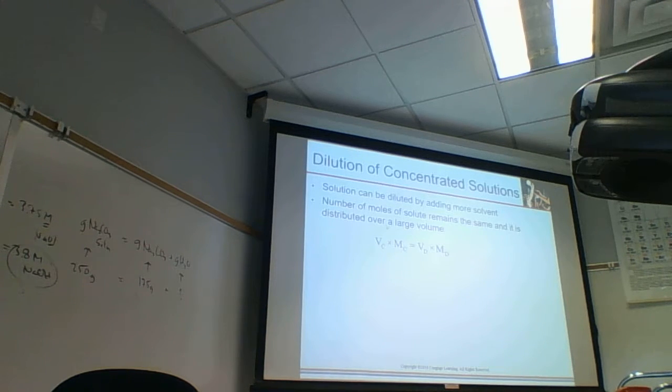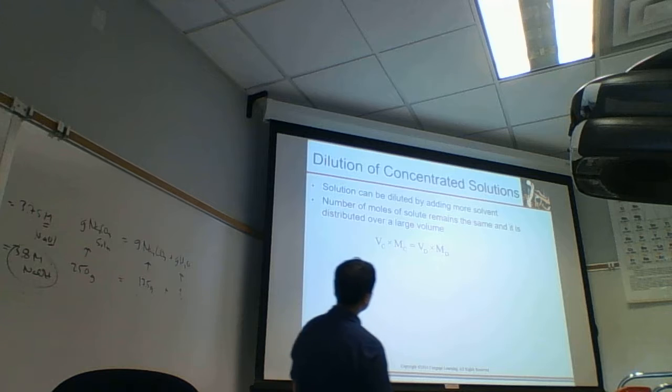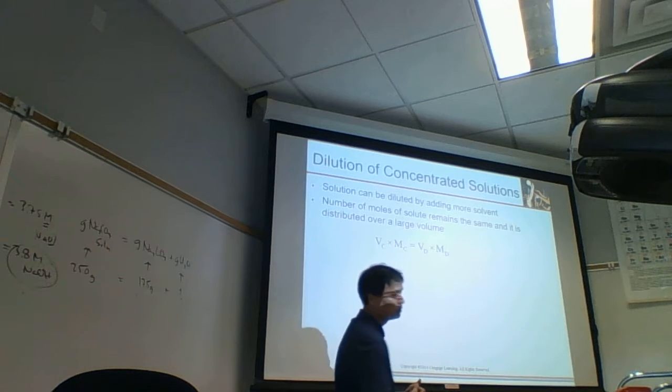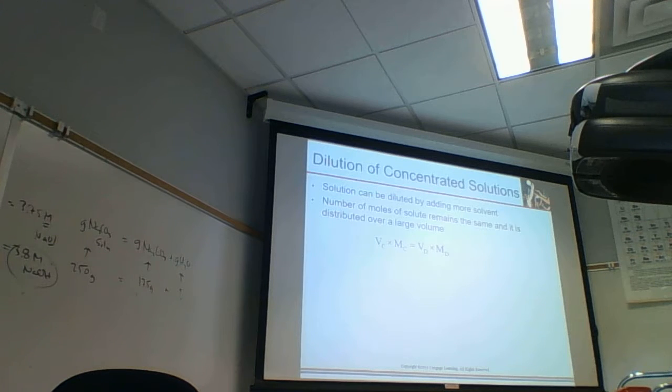When you buy concentrated stuff and dilute it, we want to do a simple calculation to figure out what the new concentration is. This is called solution dilution. In solution dilution, we dilute a concentrated solution. Let's say we buy HCl, and we need 0.1 molar HCl. We could buy the 0.1 molar HCl, but the shipping charge is going to kill you.